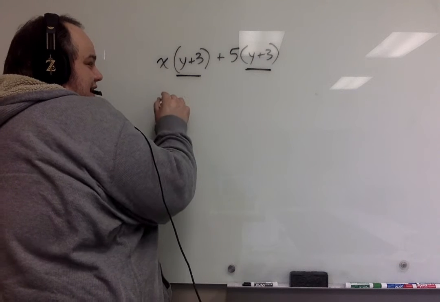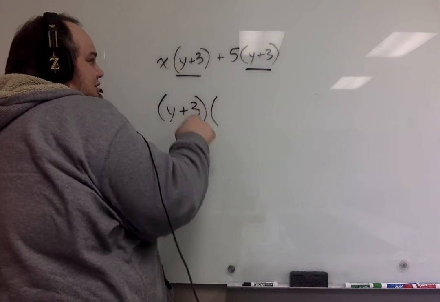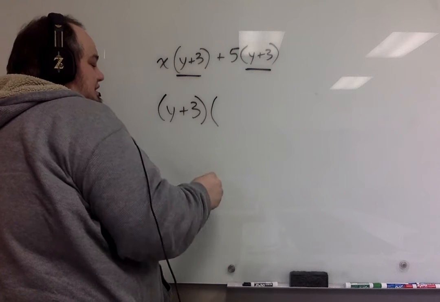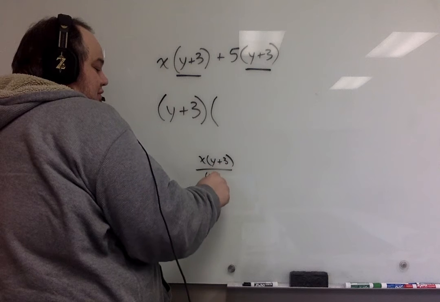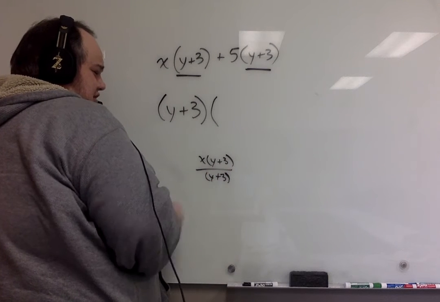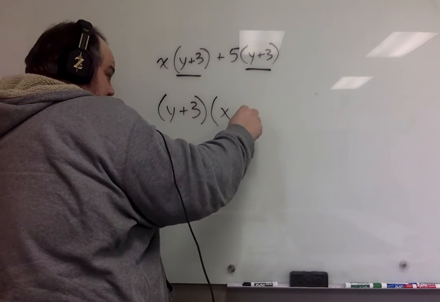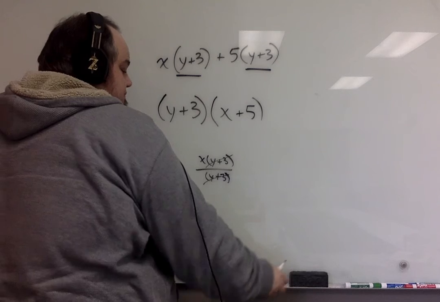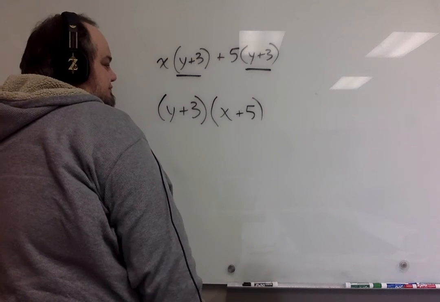So we're actually going to factor out that group, y plus 3, and then when we divide this by y plus 3, we would have x times y plus 3 divided by y plus 3. Because that's what we do when we're factoring out. We divide each term, cancel, and you're left with x, and over here you'd be left with plus 5. And just like always, we put that in parentheses.